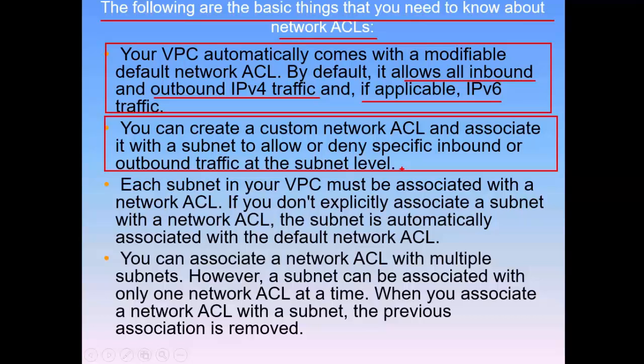Security group works at the EC2 level. So by default one NACL comes that is modifiable, but you can create a custom ACL also and associate it with a particular subnet to allow or deny specific inbound and outbound traffic at the subnet level.